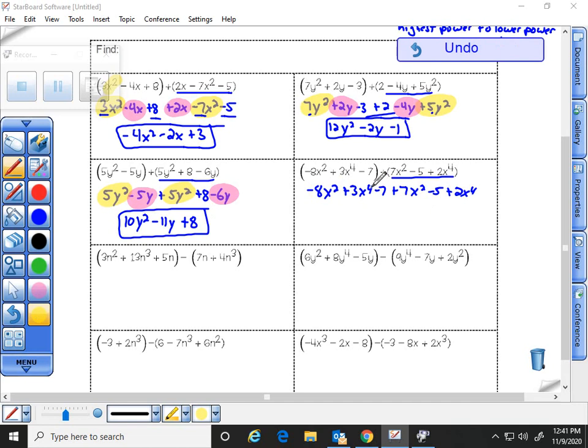Looks like I have my x to the fourth should be my first one stated. So 3x to the fourth plus 2 more x to the fourth gives me 5 of them. And then I have my x squares, negative 8 of them, and 7 of them gives me a negative 1 of them. And then just the numbers, minus 12, when I go negative 7, minus 5.